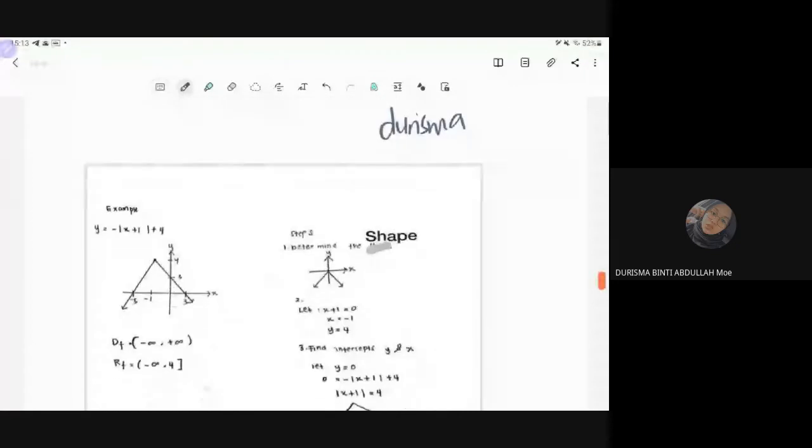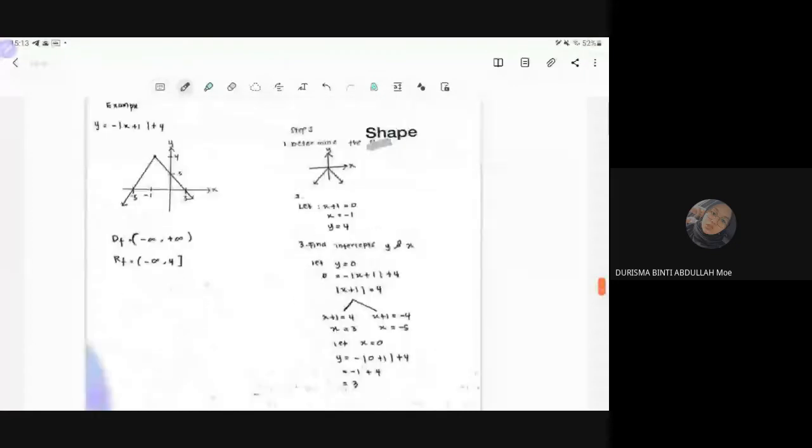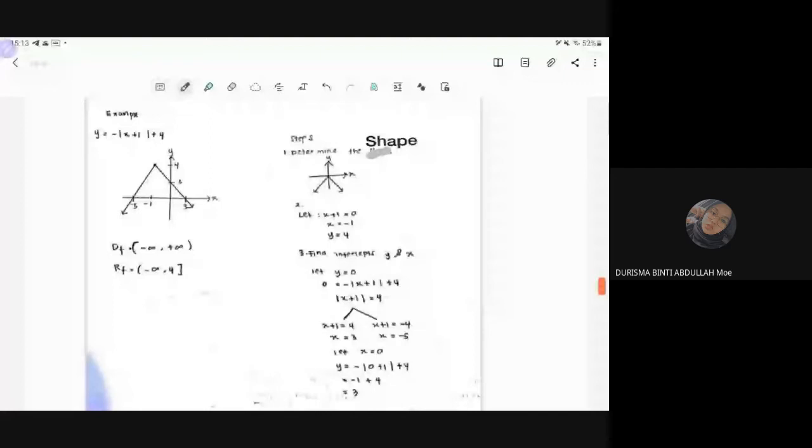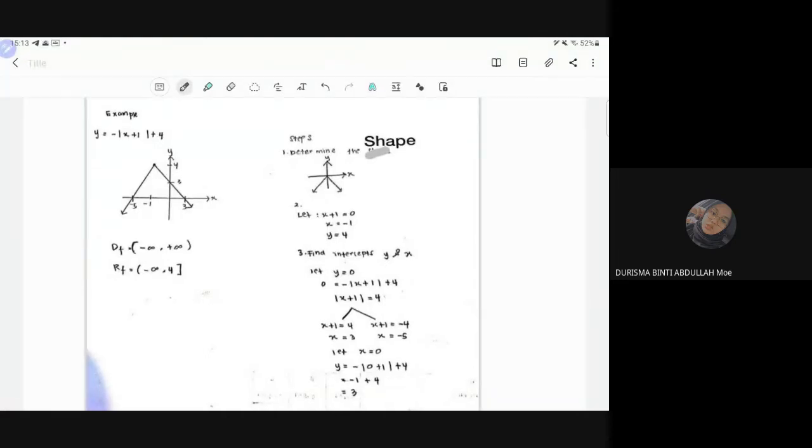Okay, so for the next example, the question is y equal to negative modulus x plus 1 plus 4. So first of all, the first step is we're gonna determine the shape. As we know, if there is a negative sign in front of the modulus, the shape is gonna be an inverted V. Okay, that's the first thing that we're gonna do.